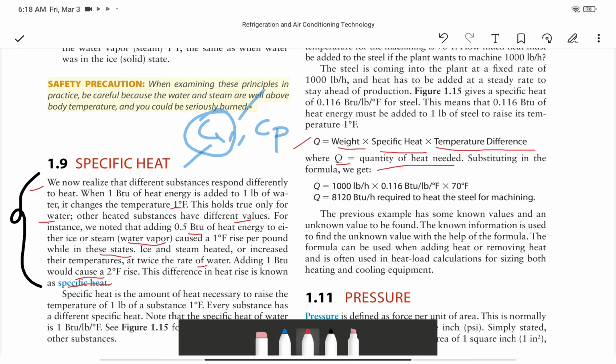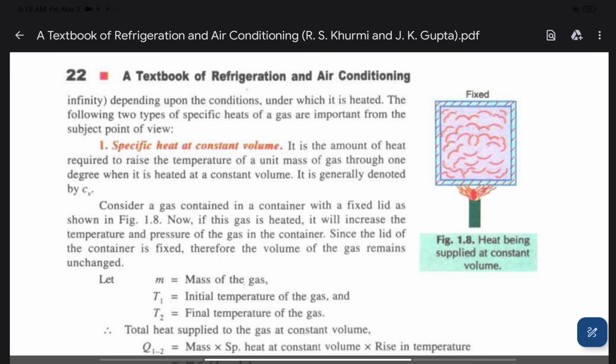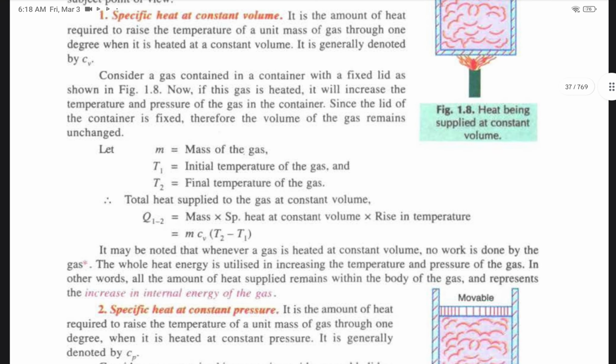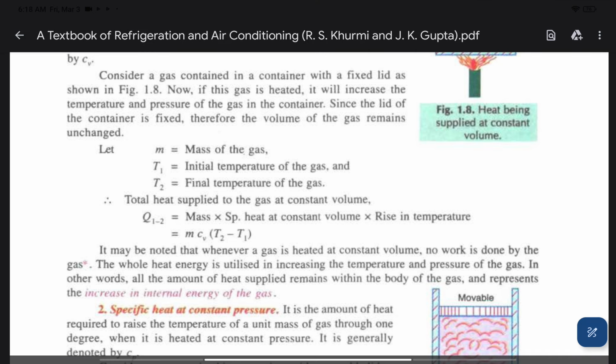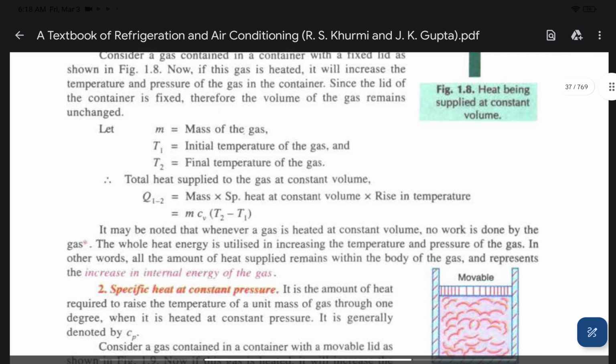That's the general formula of heat using the specific heat. In a very simplistic way, this is how it looks: Q is equal to M times Cv times delta T. Here he is using specific heat at constant volume.